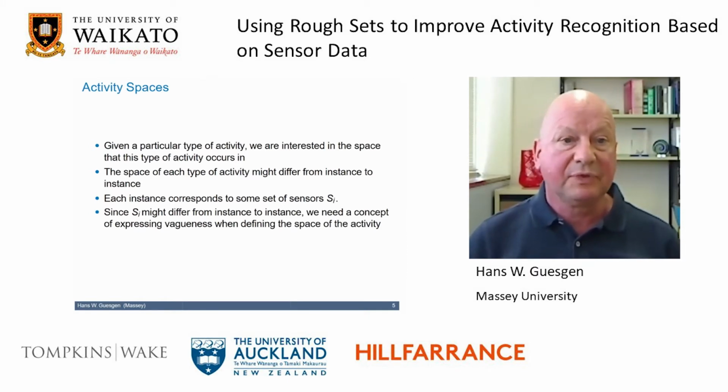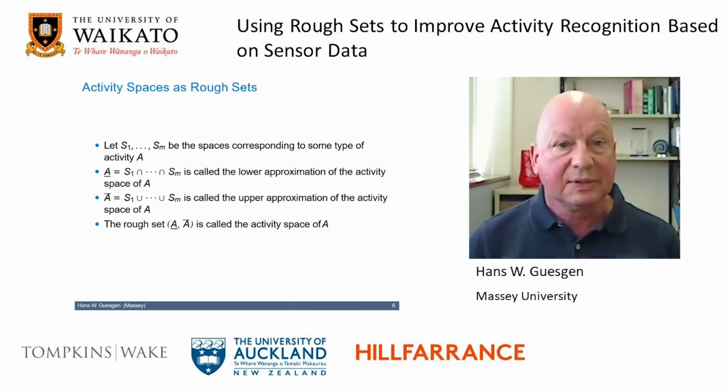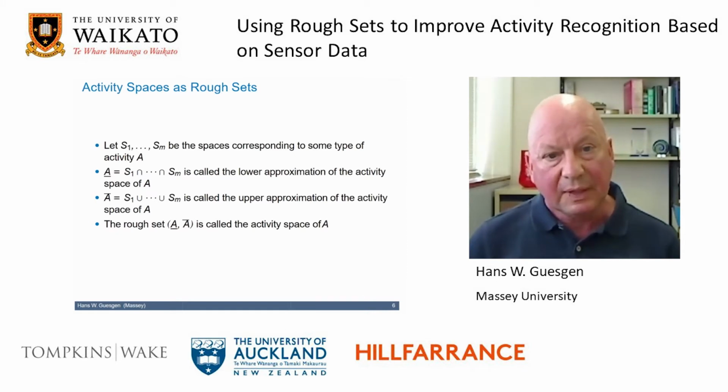So we need something to express vagueness in the space of activity. The approach we are taking here is to use rough sets to express that vagueness. A rough set consists of two crisp sets, regular sets. One is called the lower approximation, and the other one is called the upper approximation.